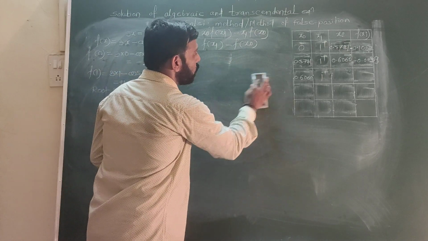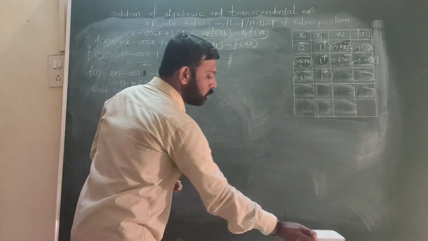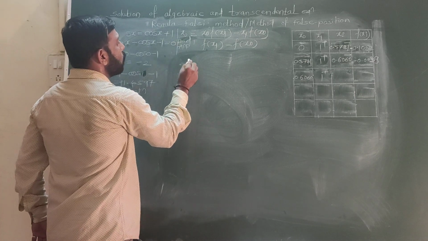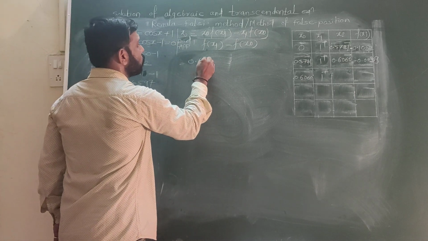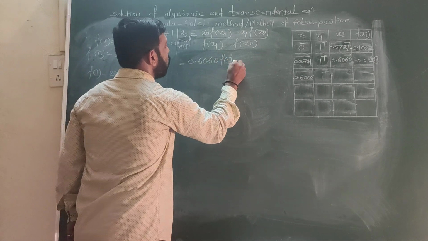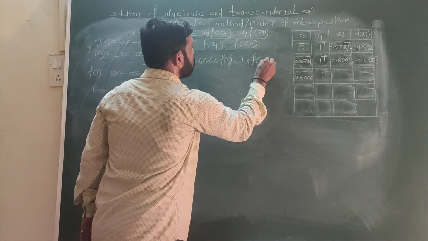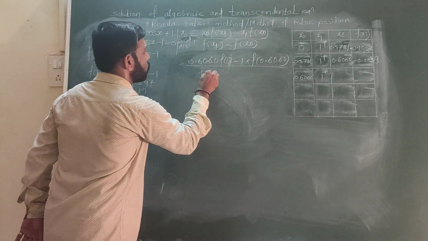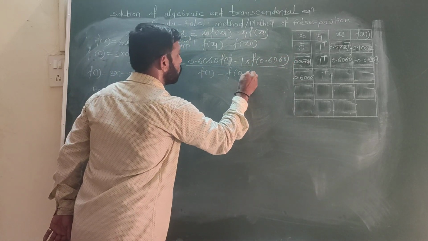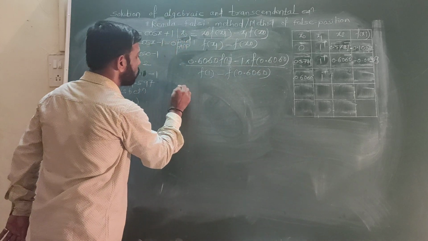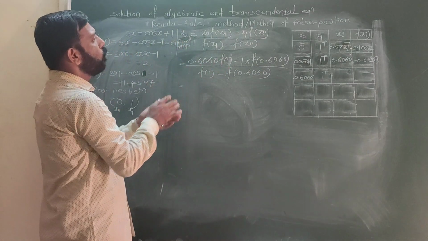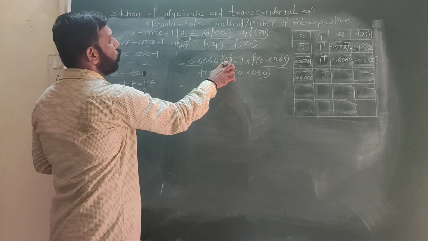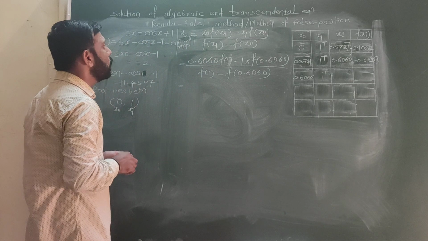Similarly we continue for the third approximation. x0 value, f(1) minus, upon, respective values only I substituted in that formula. x0, f(x1) value is 1, calculated.